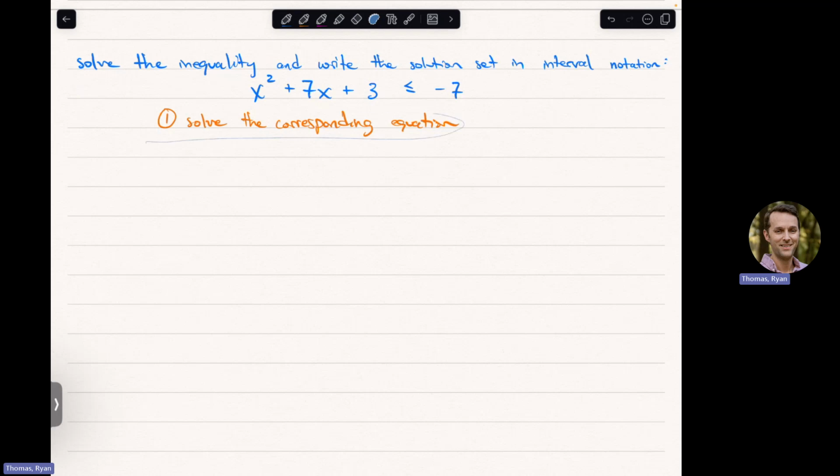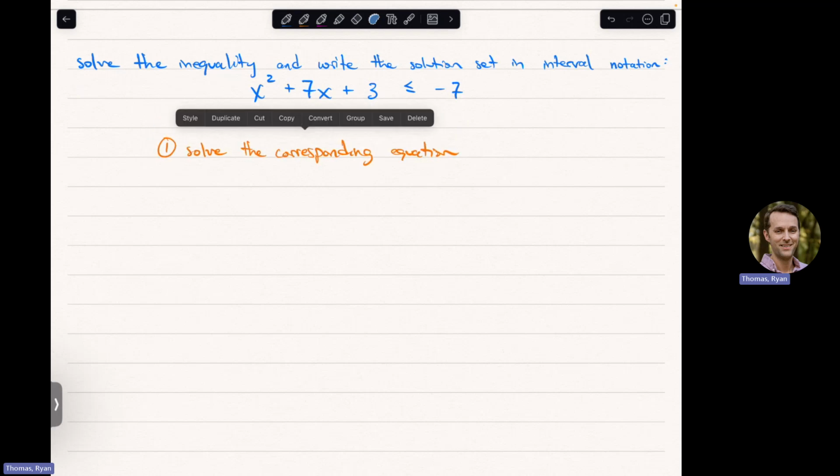Oh, and actually, I guess maybe that's sort of second. Very first thing I'm going to do is just move this over to the other side. That's not 0. There we go.